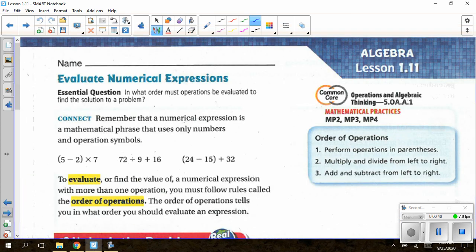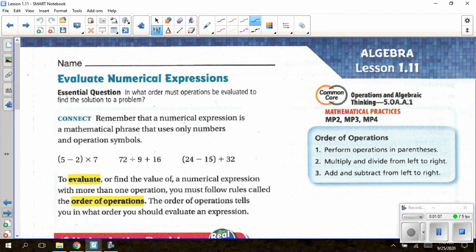Starting on page 67, the essential question we will be answering today is, in what order must operations be evaluated to find the solution to a problem? If you recall from lesson 1.10, a numerical expression is a mathematical phrase that uses only numbers and operation symbols. We have some examples listed.